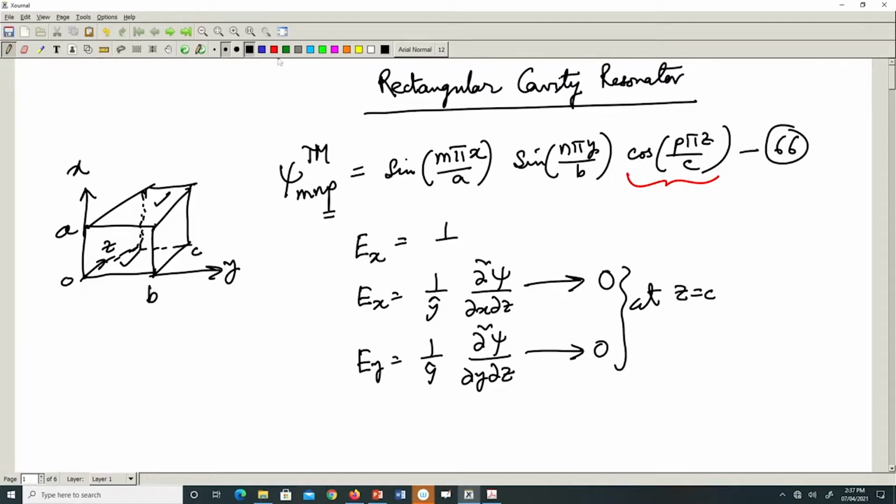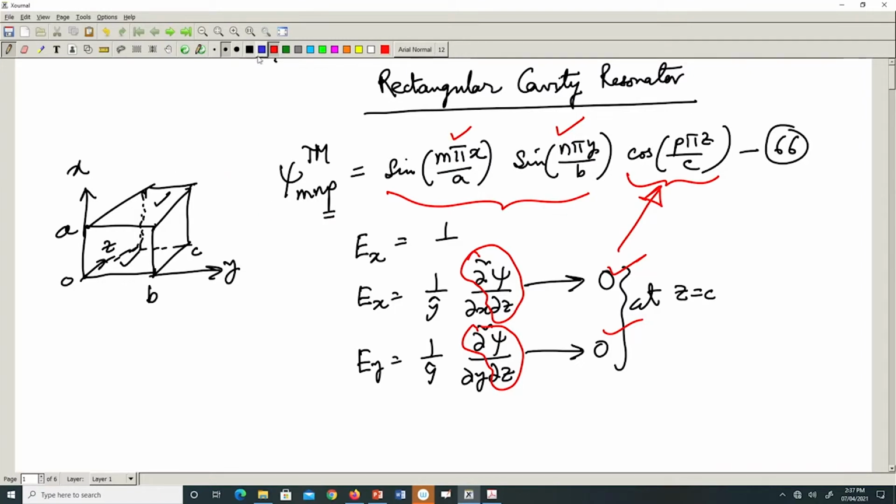Because we have the derivative along the z direction, in order for Ex and Ey to vanish at z equal to c, we must have this potential function. The other two potential functions are unaffected, because the same boundary conditions as the rectangular waveguide are satisfied by the rectangular cavity. So, therefore, this is the potential function psi mnp for the TMz mode.